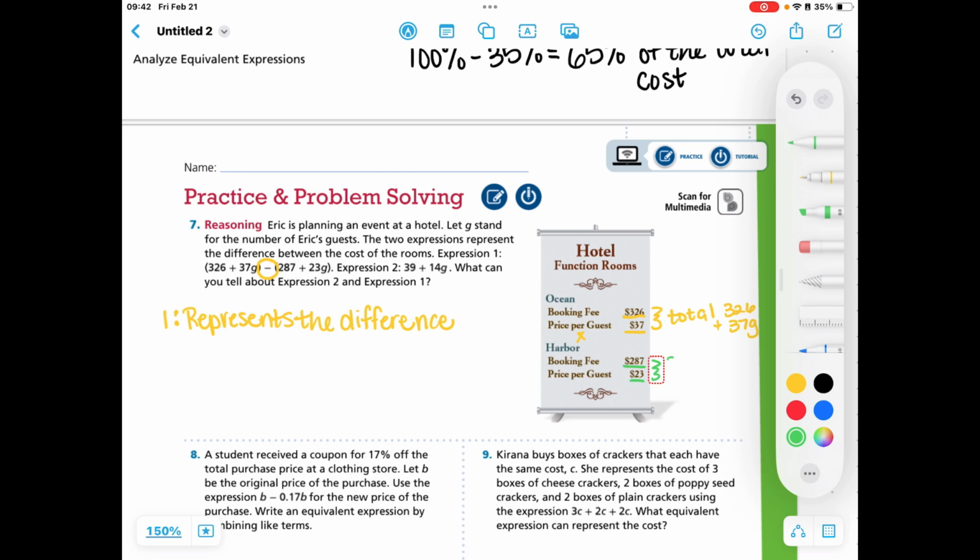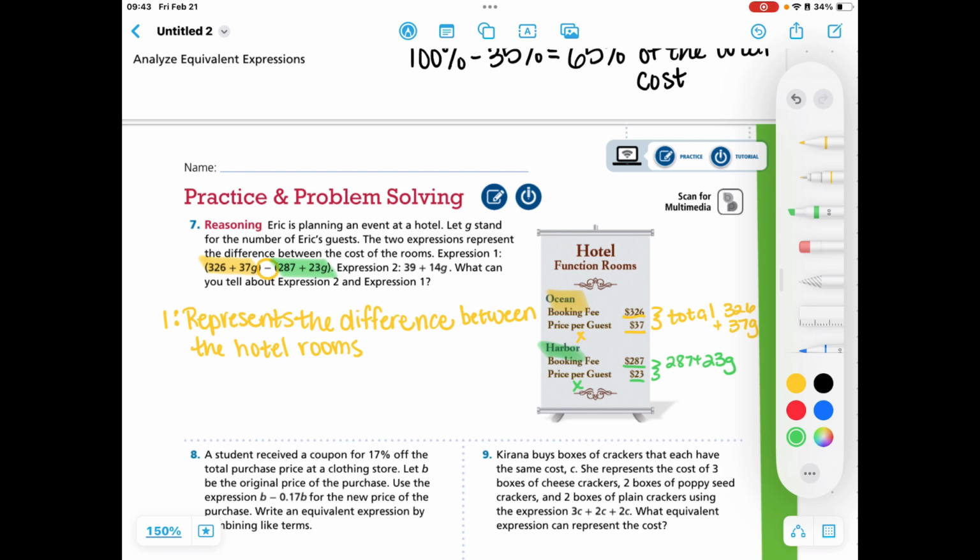So this is the total for harbor, 287 plus, this says 23 per guest, because per guest is going to be multiplication as well. So this represents the difference between the hotel rooms. And we just showed that here, where yellow represents this ocean and the harbor represented that green, and it is the difference.